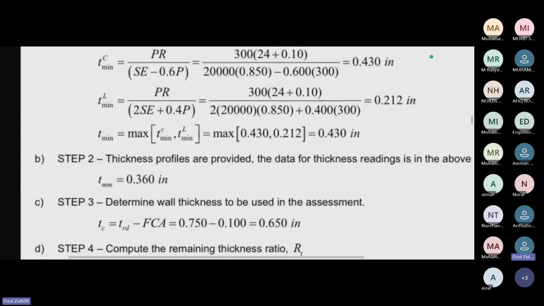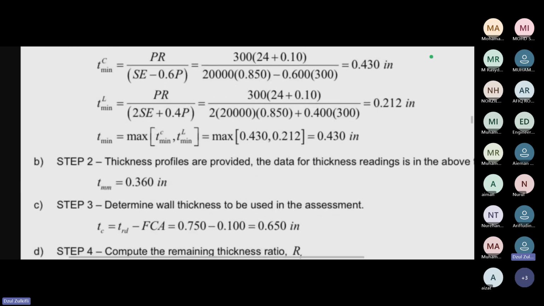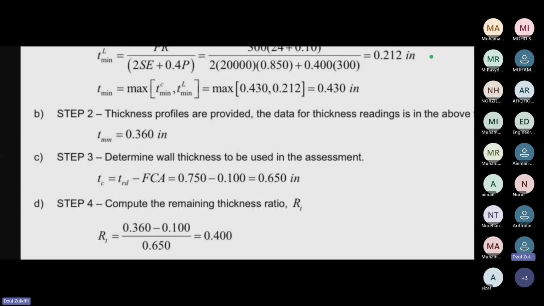So as a benchmark for our calculation, we take the original undamaged thickness minus the FCA we have, so 0.65. And then we do a thickness ratio. Thickness ratio is an important factor. To put it very simply, it is the ratio of the worst area to the okay area.